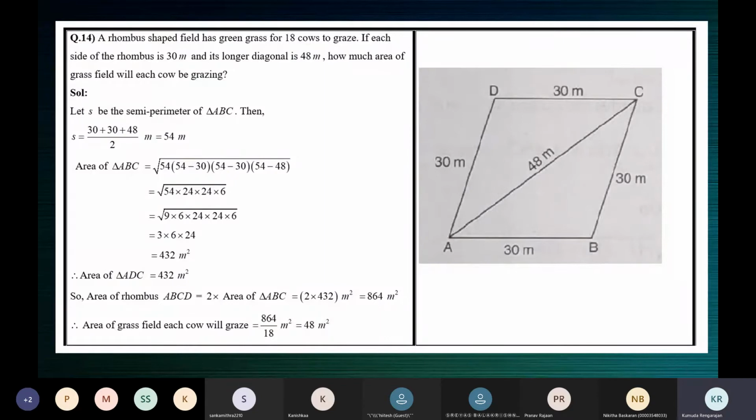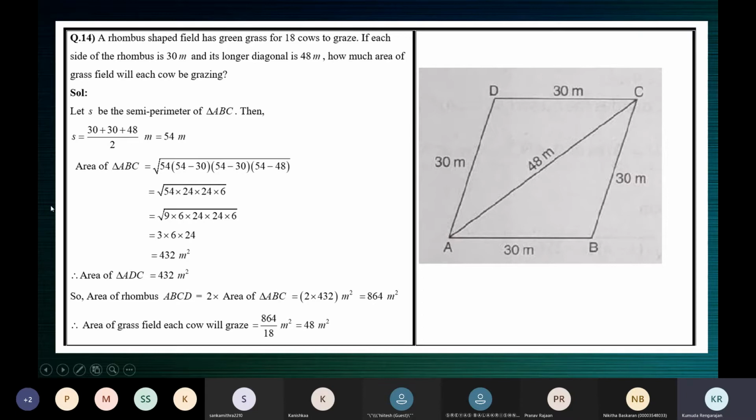Break down 54 completely. 3 into 3 into 3 into 2. Write that. If you're not comfortable with this, completely factorize. 54 is equal to 3 into 3 into 3 into 2, or 2 into 3 into 3 into 3.